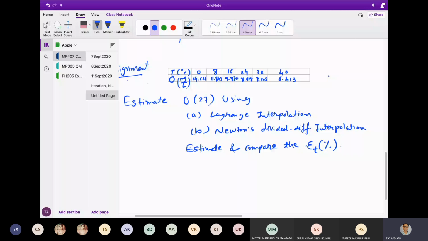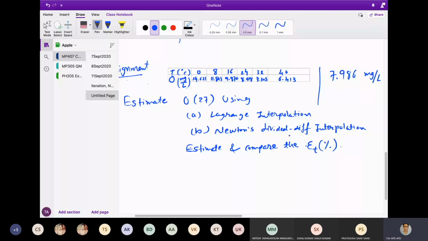Okay, I have the value. So write down this exact value, which is 7.986. That is the exact value for the sea level at 27 degrees Celsius. So you can use this data for estimating the error percentage.